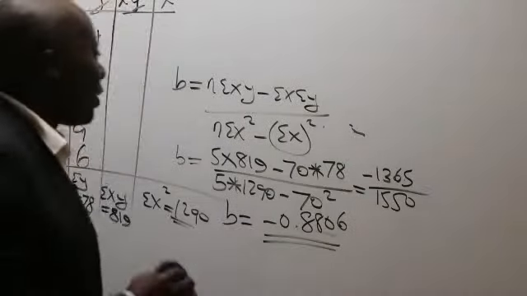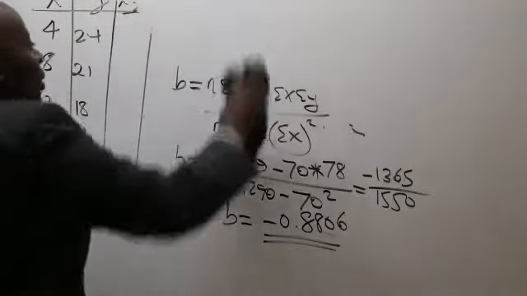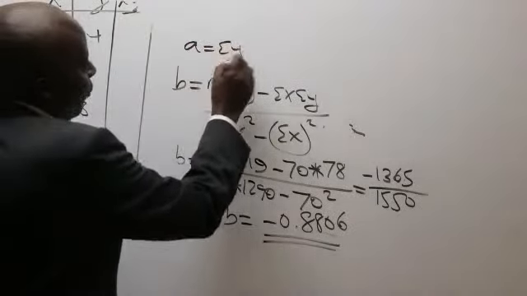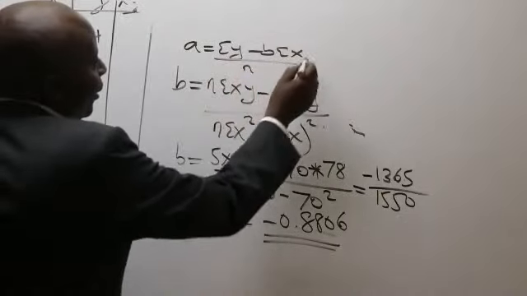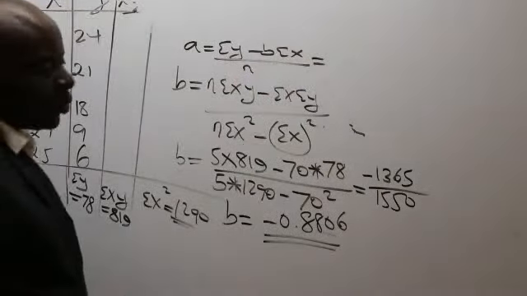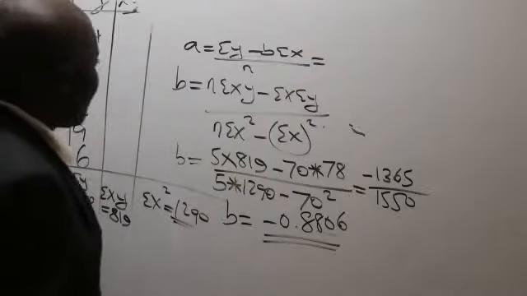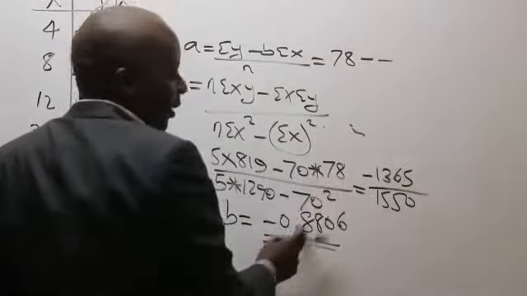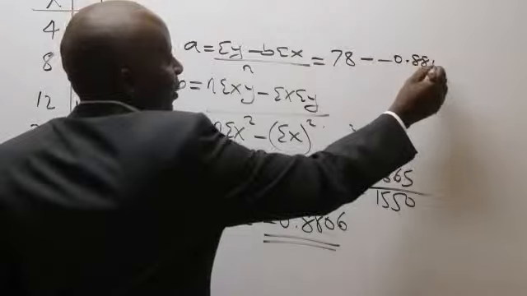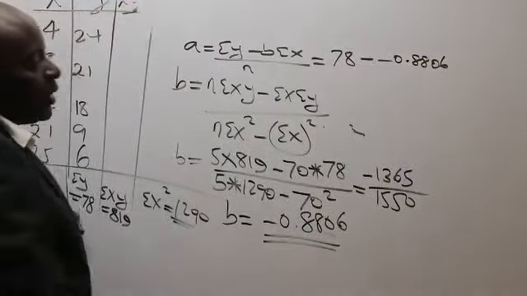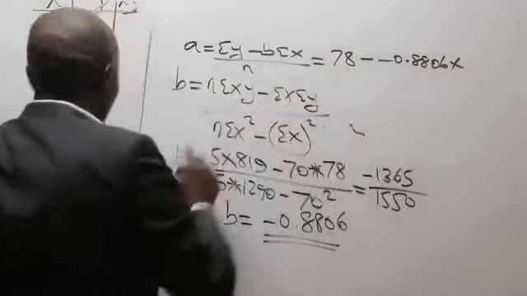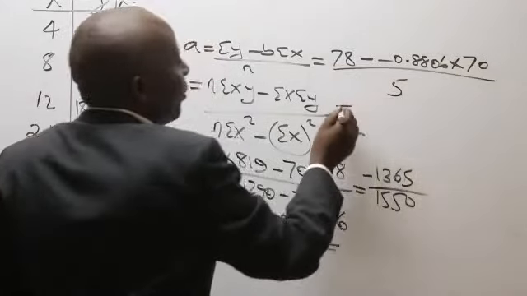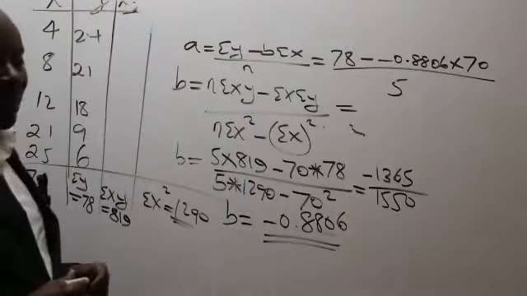To get a, I know the formula. It is sum of y minus b sum of x, all over n. So a will be equal to summation of y, which I already have here, 78, minus the b that you gave me, which is negative 0.8806, times summation of x, which is 70 here, all over n, which is 5. Go slowly so you can give us the numerator first.